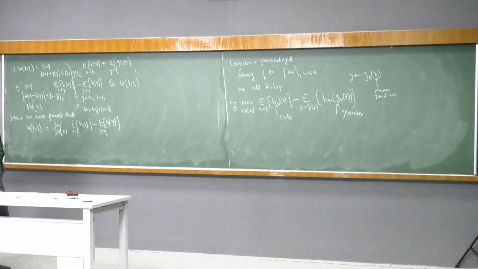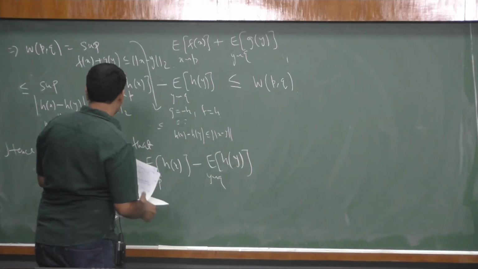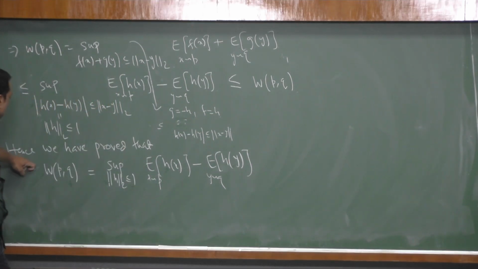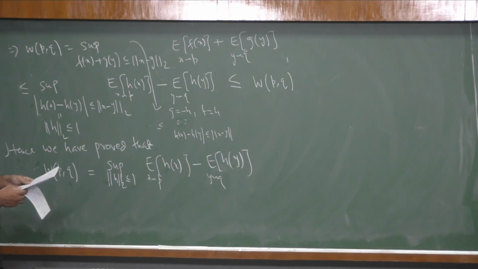What is the Wasserstein distance? We are supposed to minimize it. Why?